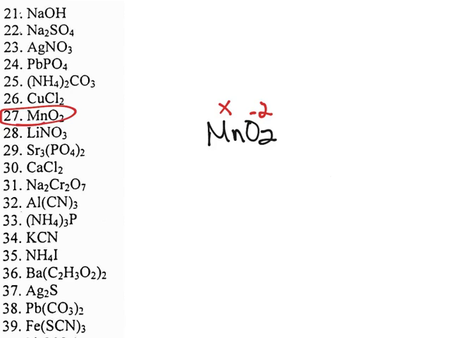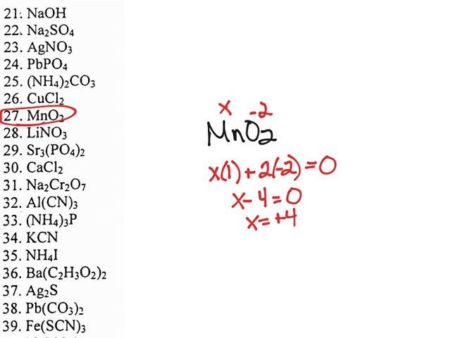So the charge of manganese is X times the subscript, which is 1 for manganese, plus 2 oxygens, which each have a -2 charge, and I set it equal to 0. That's X minus 4 equals 0, so X is +4. So the charge of manganese is 4+, as we said upon inspection, and this is manganese 4 oxide.